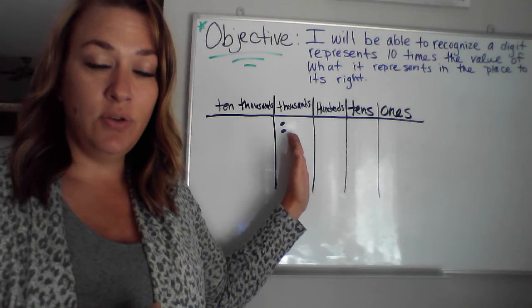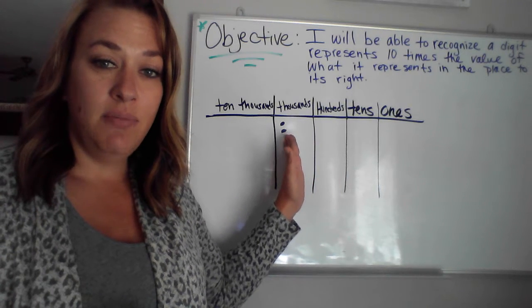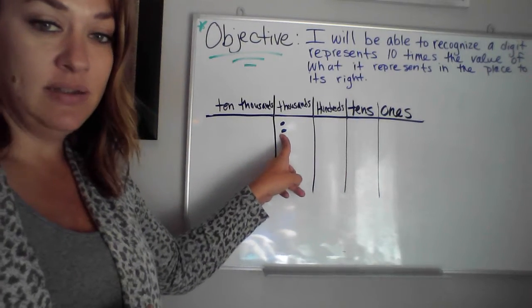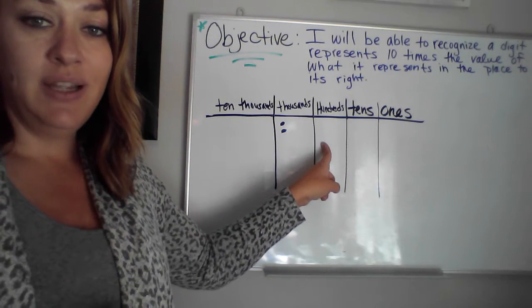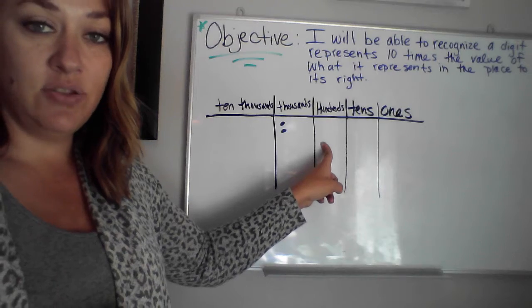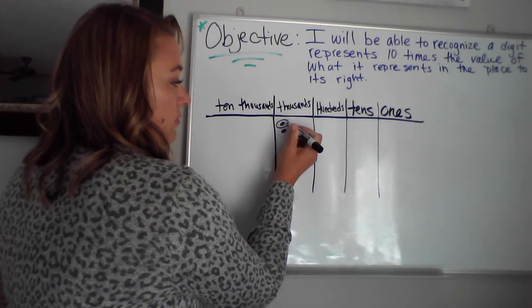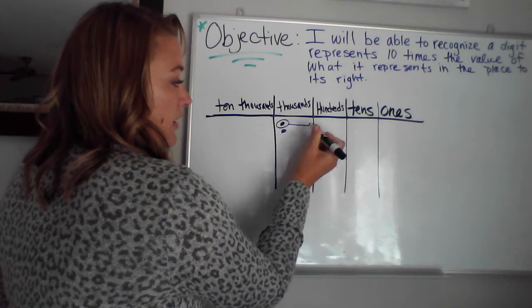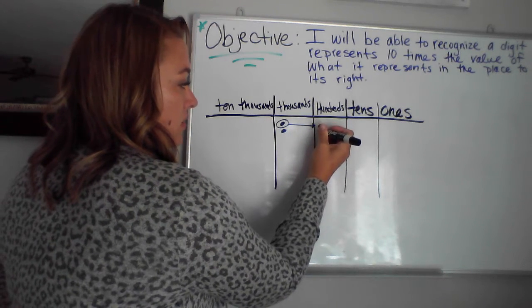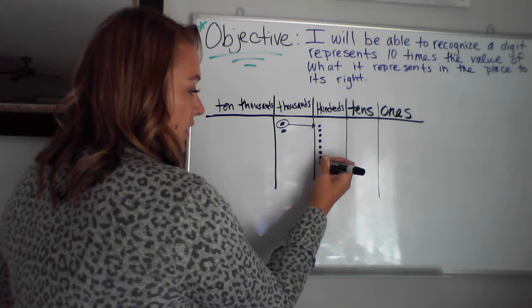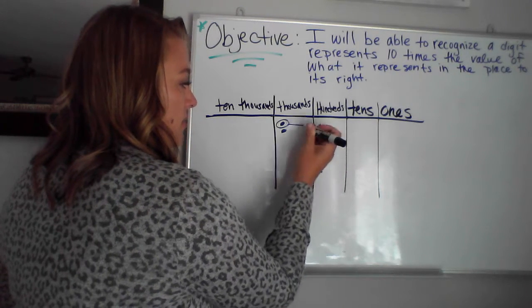So if I move this 1 unit over to my hundreds place, that 1 unit is going to be worth 1, 2, 3, 4, 5, 6, 7, 8, 9, 10.